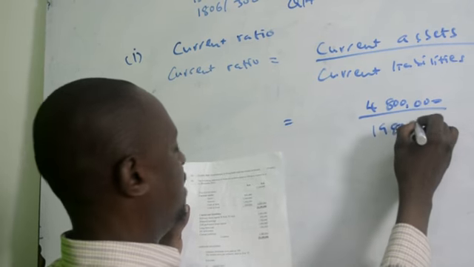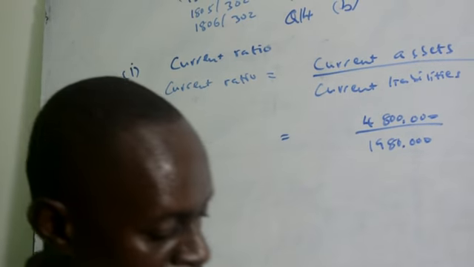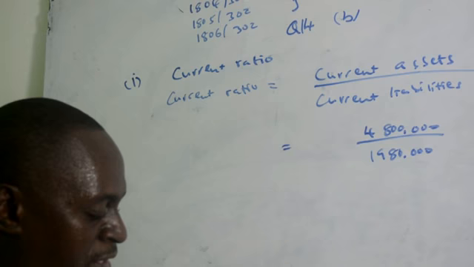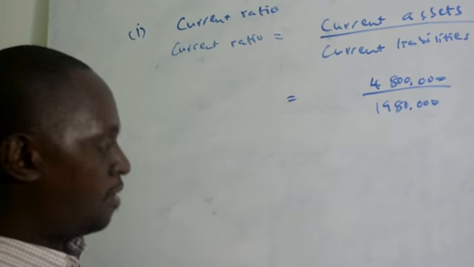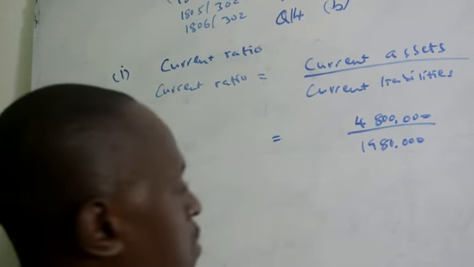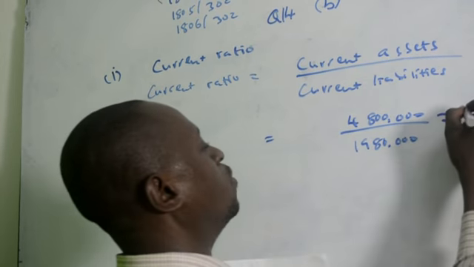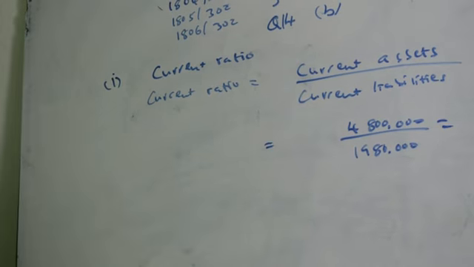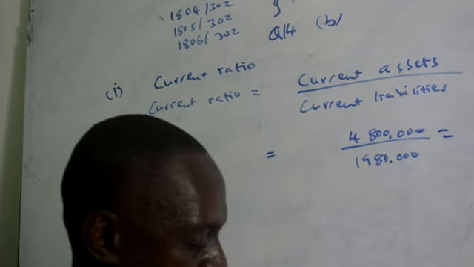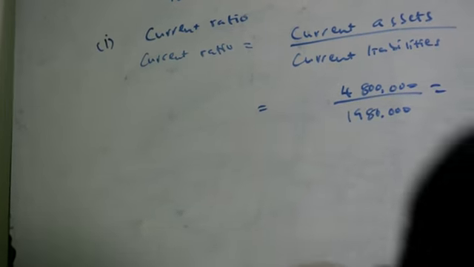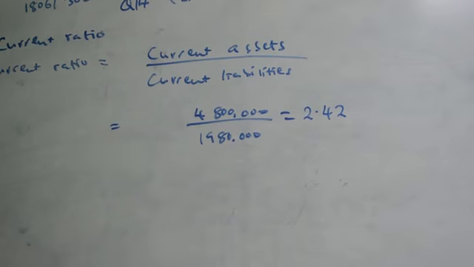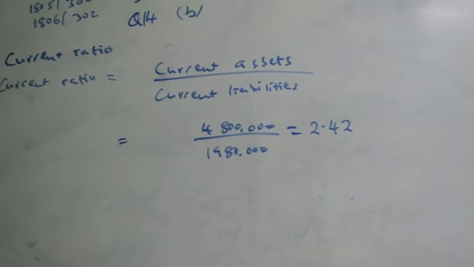The figure is 1980. You can just have it as 4,800 to simplify your work, divided by 1980. So this is 2.42. So that is our current ratio, 2.42.